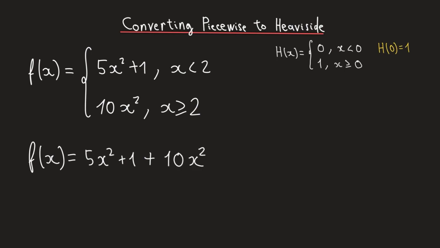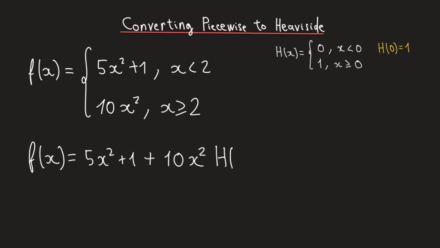Alright, but clearly f of x is not equal to this expression over here, because when x is less than 2, f of x is equal to 5x squared plus 1. And so, in other words, we need to switch off this function over here for x less than 2. And of course, the way we do that is by using our Heaviside function. And therefore, 10x squared will be multiplied by our switch off, switch on function, h of x. But remember that it needs to be for x less than 2.